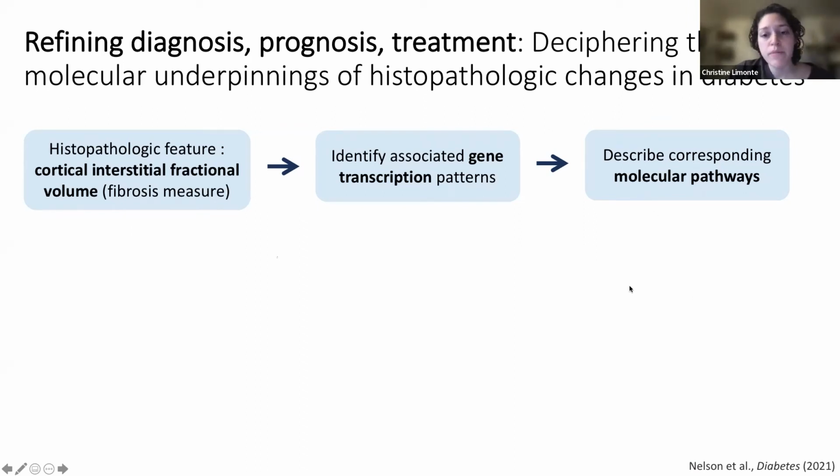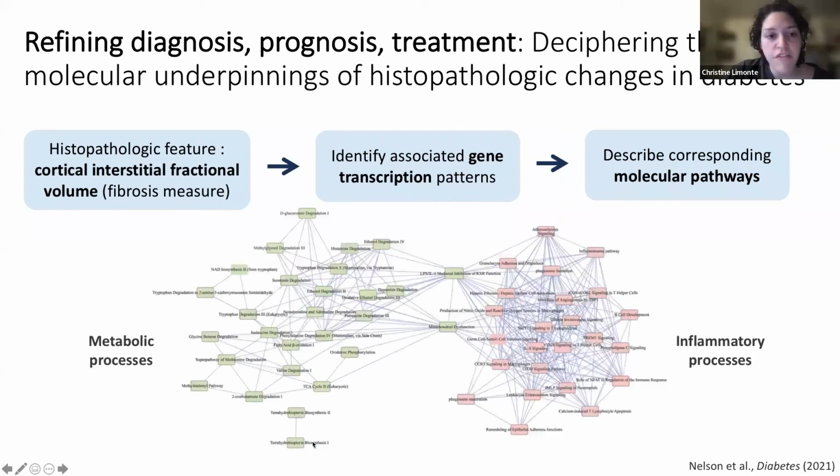Ultimately, they were able to say that dysregulation of metabolic and inflammatory processes is seen with this structural feature, cortical interstitial fractional volume. So if you could use a biopsy to identify abnormalities in specific molecular pathways early in the course of diabetic kidney disease, maybe before these structural features are even apparent, you can diagnose diabetic kidney disease early and provide early targeted therapy.